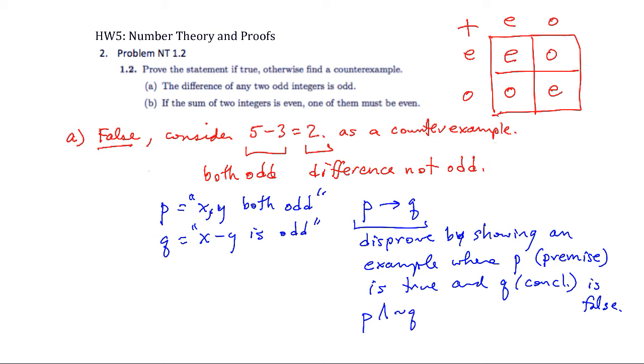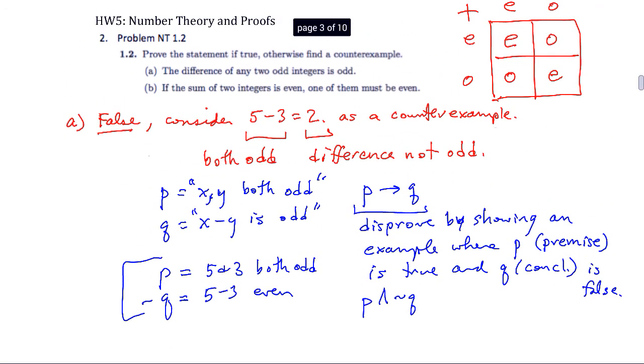And that works for this counterexample up here. P is the statement that x and y are both odd, 5 and 3 are both odd, and not Q is the statement that 5 minus 3 is even. And we have both of them true. So that's a little bit deeper analysis of this problem, but you cannot just write as an answer 5 minus 3 equals 2 and then say that you've solved this problem.